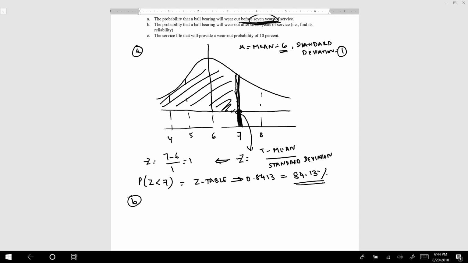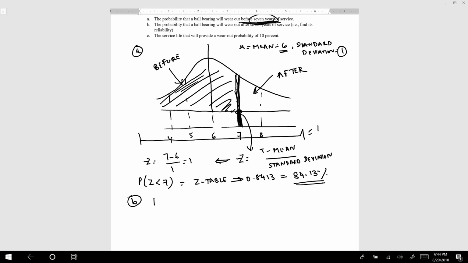So B, the probability that it wears out after 7 years of service. This side was before, and this would be after 7 years. The whole probability of this entire area will be equal to 1.